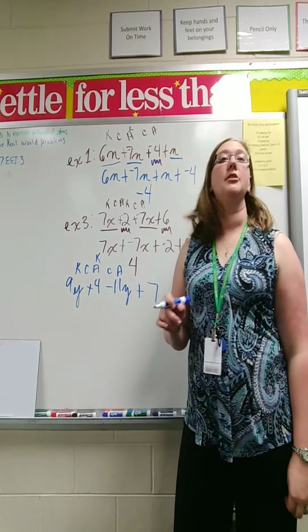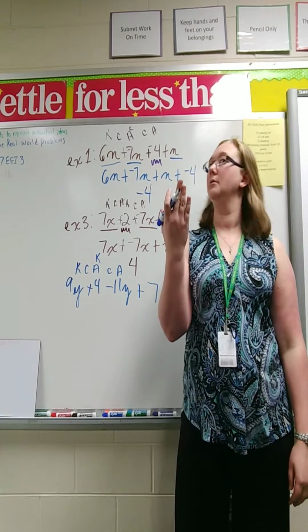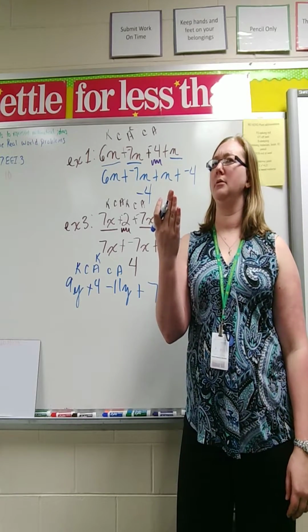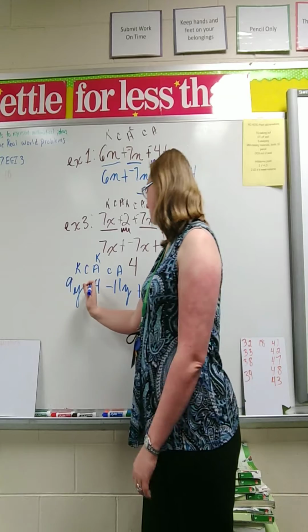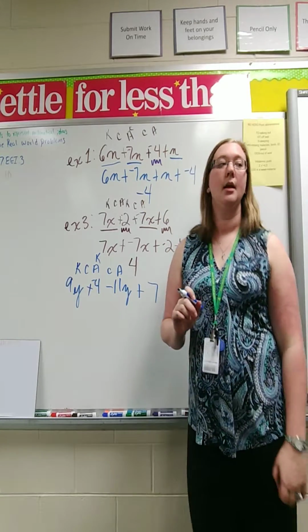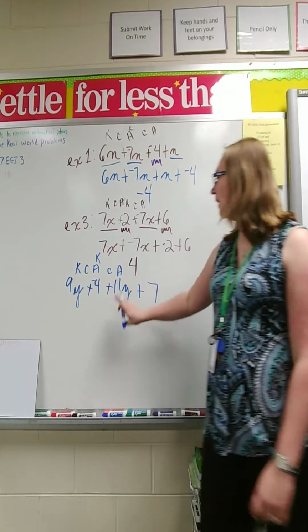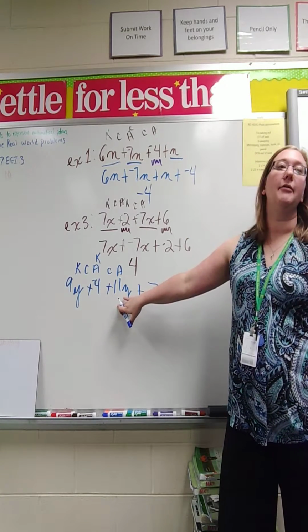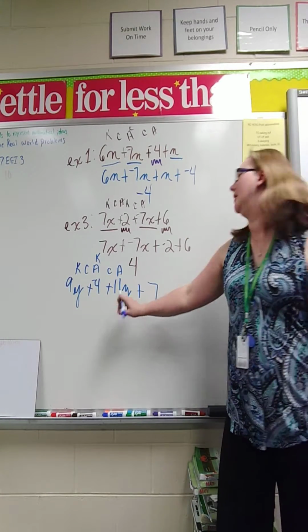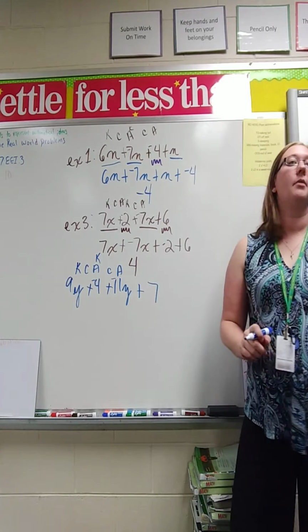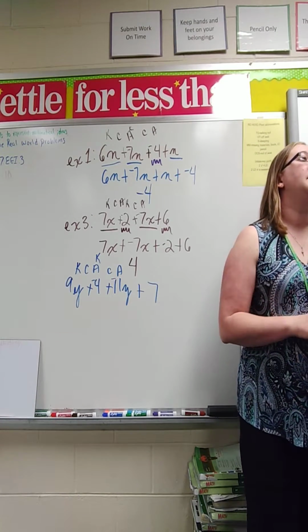The additive inverse of 4 is negative 4. Okay. I keep the negative 4. I change the subtraction to addition. The additive inverse of 11y is negative 11y. Okay. Now what am I going to do?